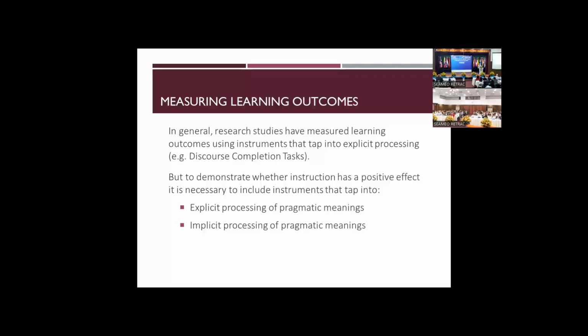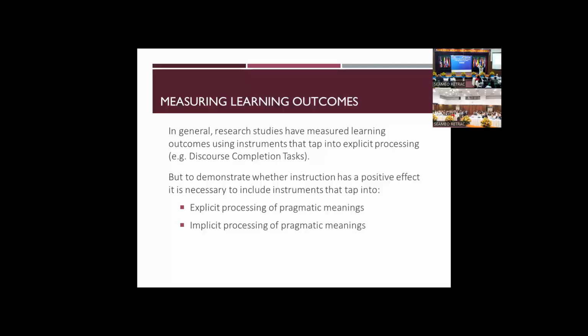But if we really want to have some kind of idea as to whether the instruction is going to be effective, then we need to perhaps not just measure explicit processing of pragmatic meanings, but more implicit processing of pragmatic meanings. What do I mean by implicit?